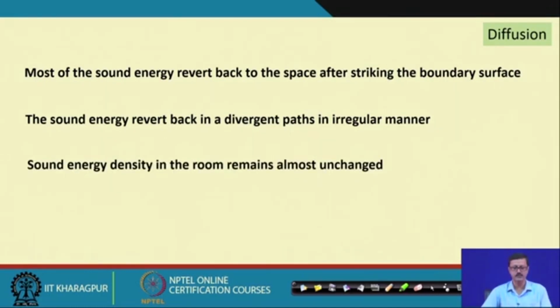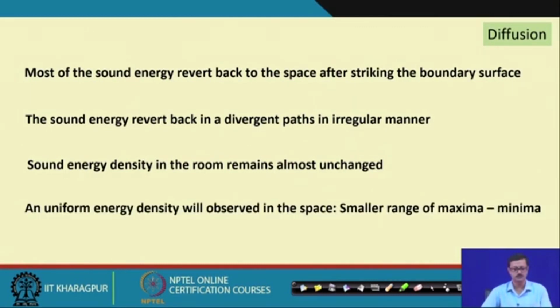The sound energy density of the room will remain unchanged, because there is almost no loss; it is something like reflection only, but a uniform sound density will be observed, and the maxima and minima at various points in the space will be in a smaller range. So, you will get an almost uniform sound level all over the room.